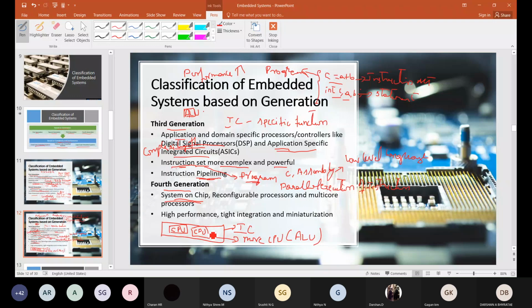Obviously, if you increase the ALUs, it becomes high performance and tight integration. Tight integration means I implement more and more CPUs and keep them in the same chip. That is what we call integration. So this is about the generations of embedded systems.